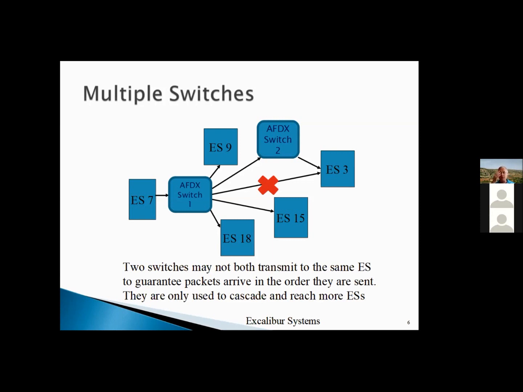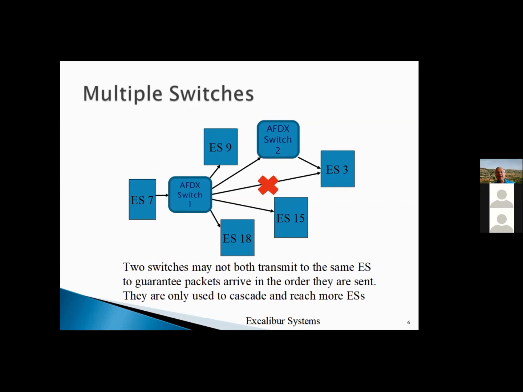So this turns out to be illegal. Why? Because how do I get from end system 7 to end system 3? Well, it turns out I have two ways of doing it. End system 7 always sends directly to switch 1, but switch 1 can send either to end system 3 or to switch 2, which will then send it to end system 3. But we just said you're not allowed to have two possible paths, and therefore you're not allowed to do this.